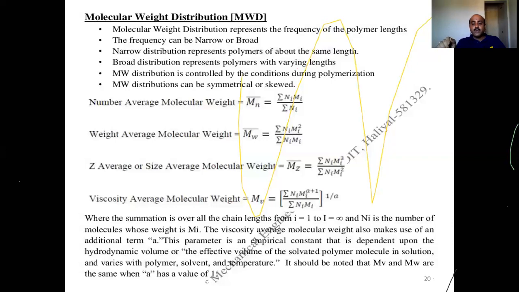The viscosity average molecular weight also makes use of an additional term, a. So when you look at the last formula, viscosity average molecular weight, you have the additional term called a. This parameter is an empirical constant that is dependent upon the hydrodynamic volume or the effective volume of the solvated polymer molecule in solution, and varies with the polymer, solvent and temperature.